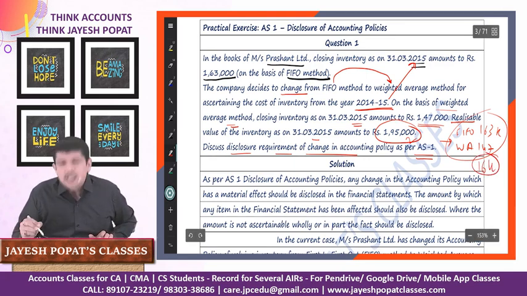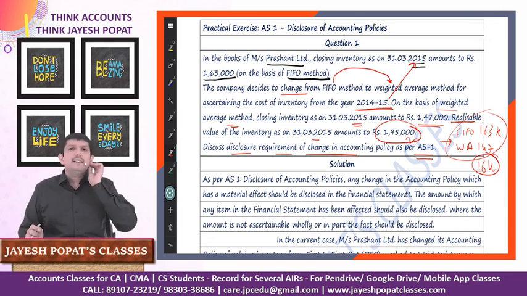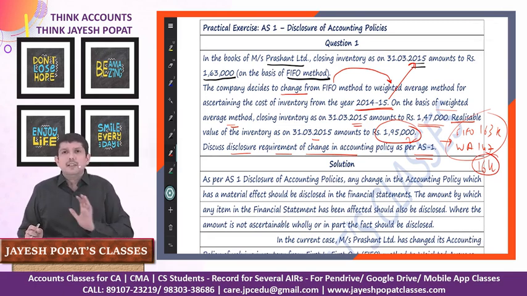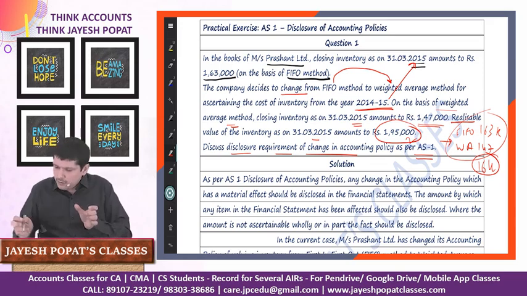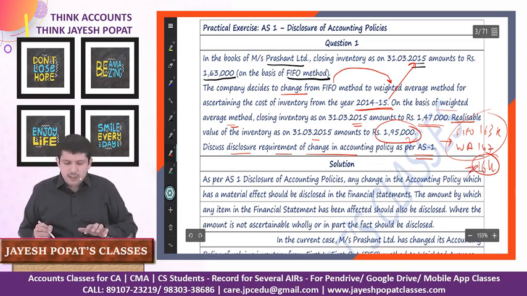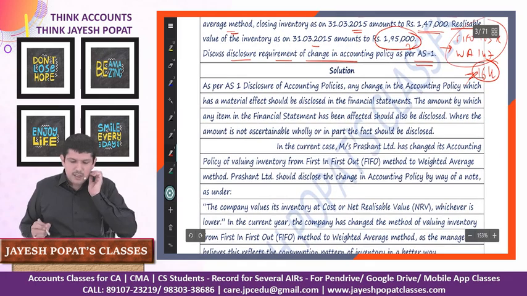So there's a difference of 16k. And if we believe that this 16k is material, then we need to make a disclosure that we have changed our accounting policy in the current year and our financial statement have been affected by around 16k because of such change. So now we'll see how the answer has to be stated.